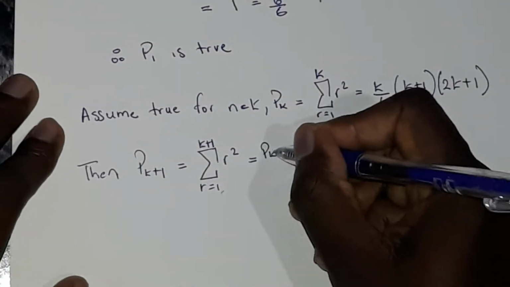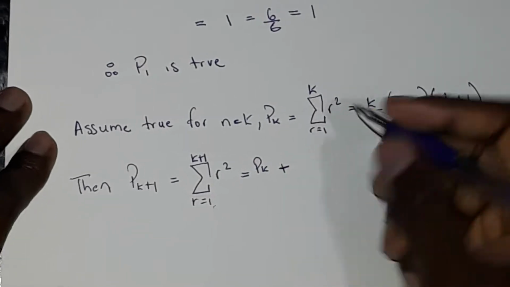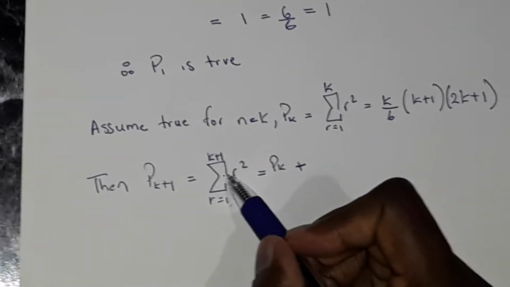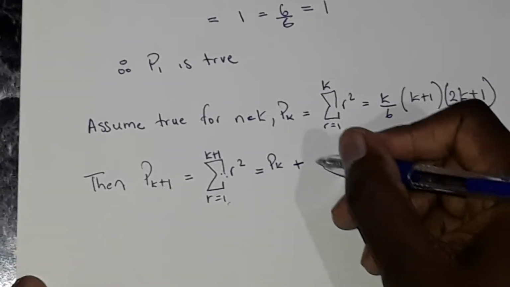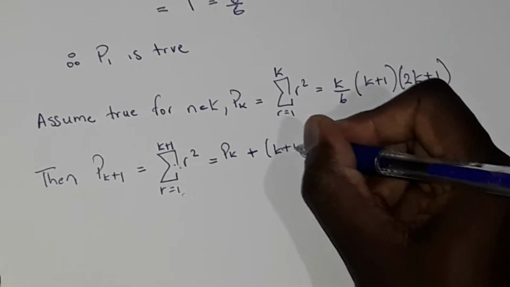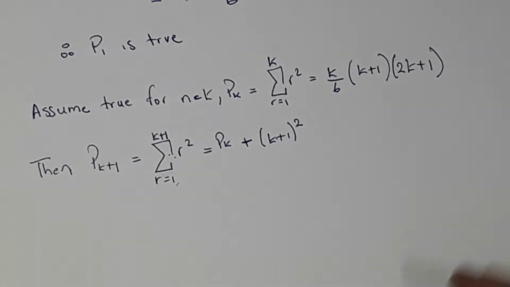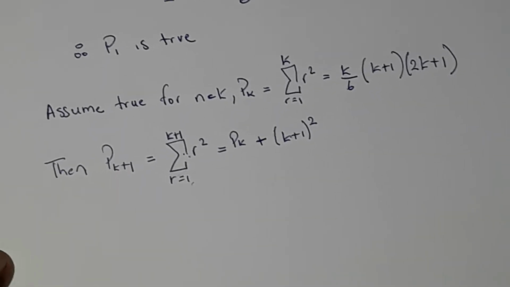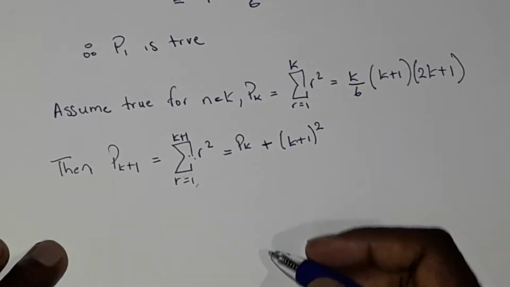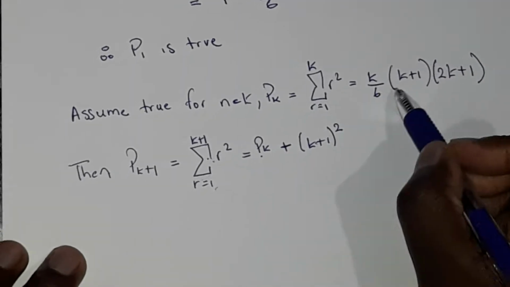P of k plus the last term that you will get from this expansion of k plus 1, and that would be k plus 1 squared. So let's rewrite that by plugging in P of k, which we got up here.